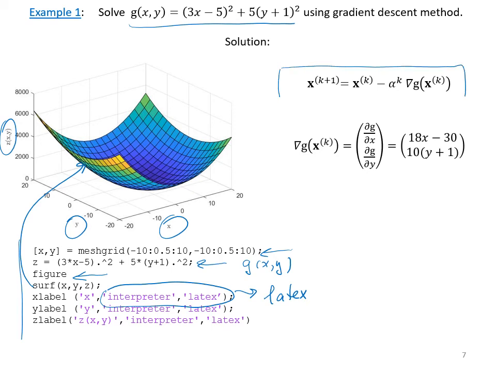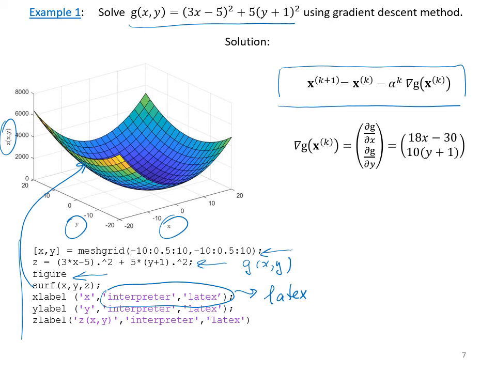For gradient descent method, we use this recurrent formula, and we see that first what we need to compute is gradient of our function. In our case, we have function of two variables, means that we should compute partial derivatives.